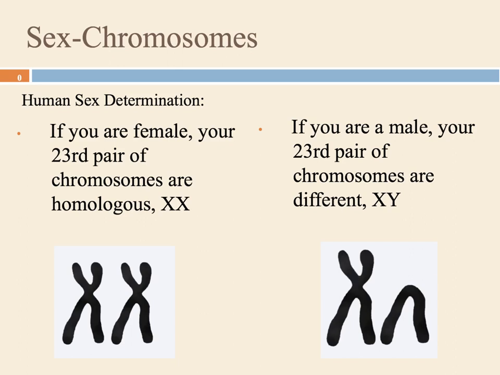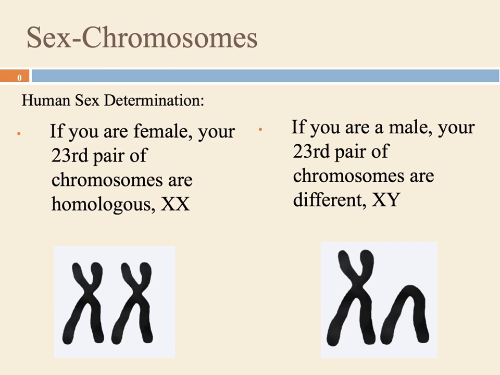So what we know is that there are certain traits that are controlled by genes that are located on the sex chromosomes. Most of them are going to be controlled by the X chromosome. There are a few genes that are controlled by the Y chromosome. So for sex-linked traits, we look at what chromosome the gene is on and how that's going to be passed down, and we're going to talk about how to set those up in a moment.